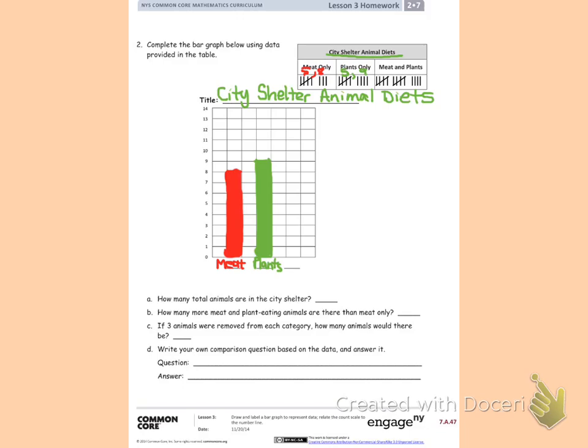The last category is meat and plants. I'm going to try to tidy that up a little bit.